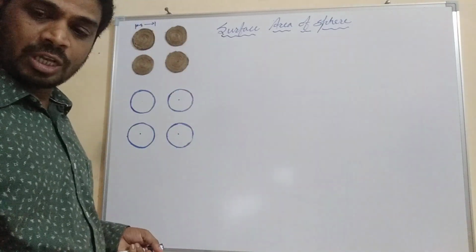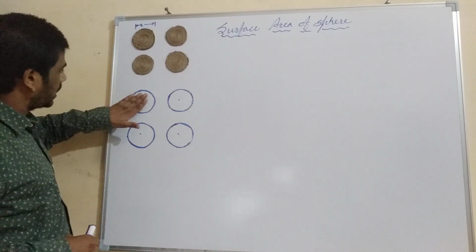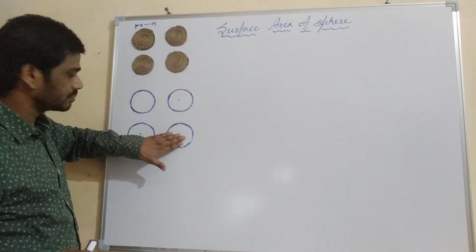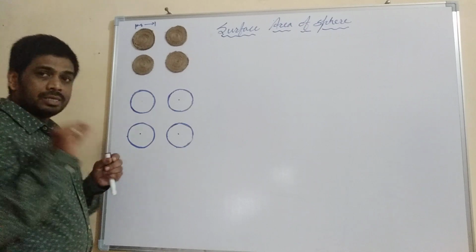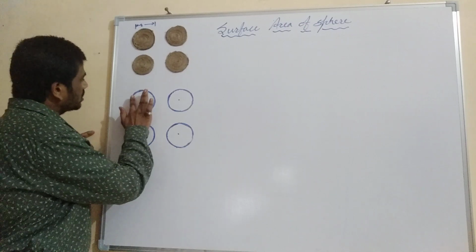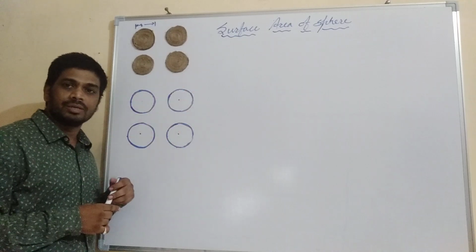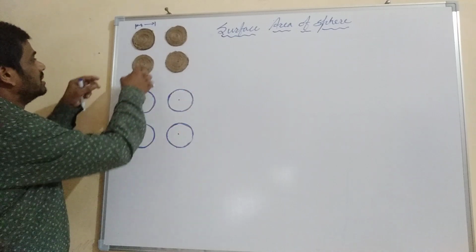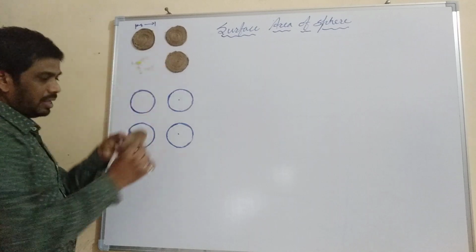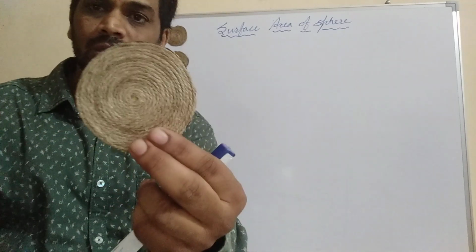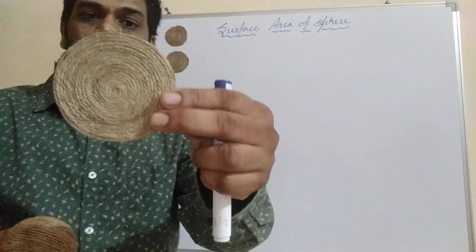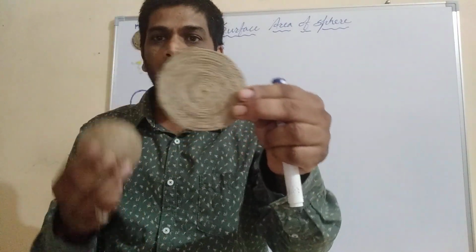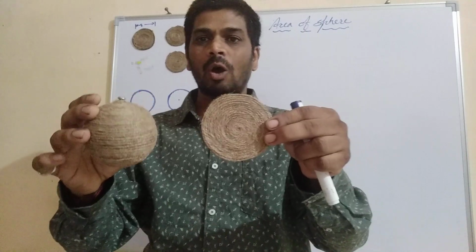Then stick each string in each circle. You will notice that through each string the circle is completely covered, and each circle will look like this, whose diameter will be equal to the diameter of the sphere.